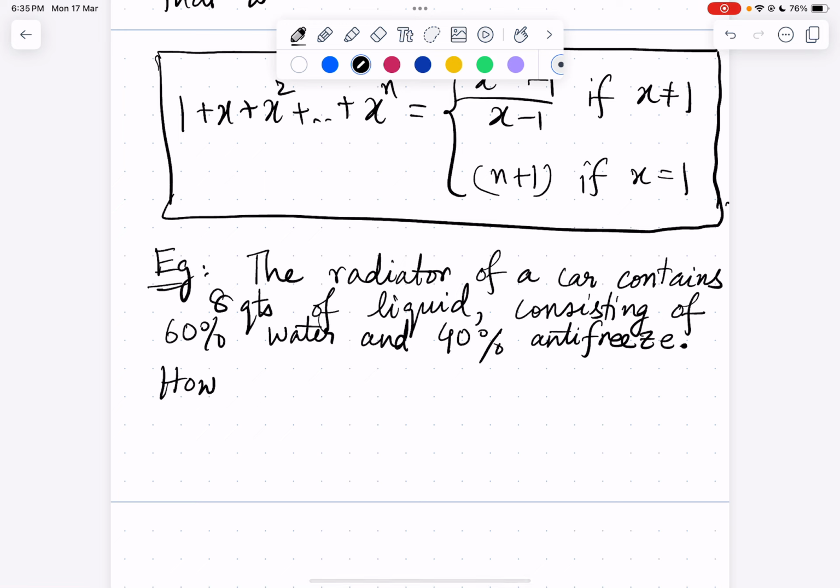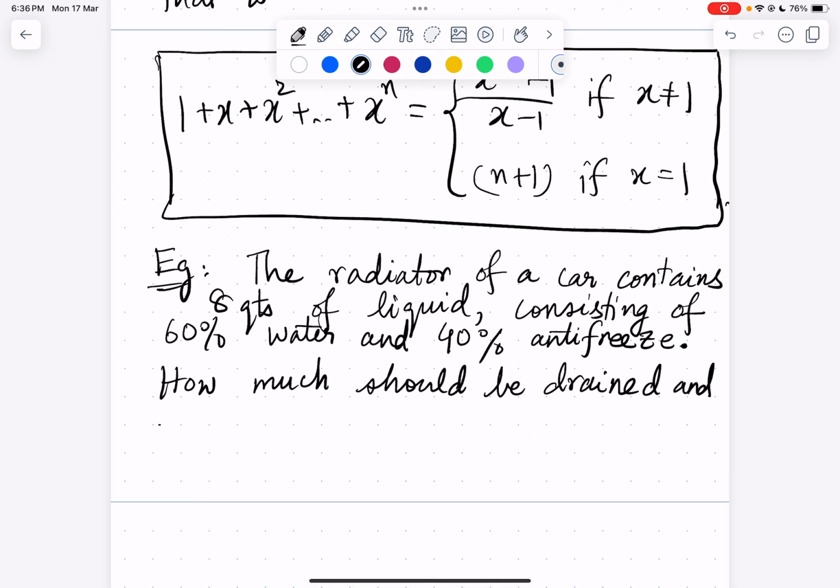How much should be drained and replaced by antifreeze?